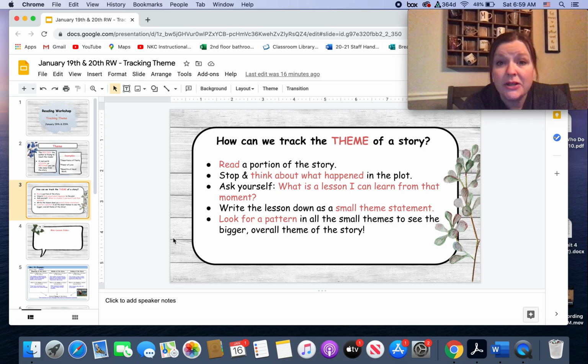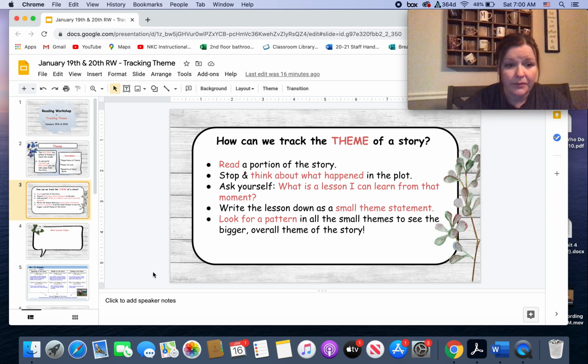We read a story, stop partway through, and think about what's happening. Then we ask ourselves: what is a lesson I can learn from that moment in the story? What can I take away from that part? We write it down as small theme statements, and at the end we look at all of them and figure out the overall lesson I think the author's trying to teach me.